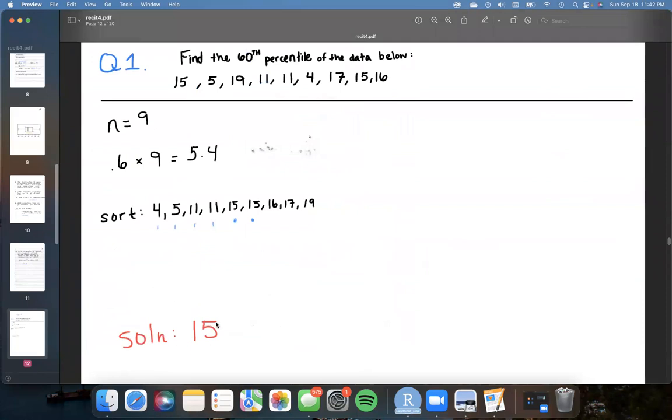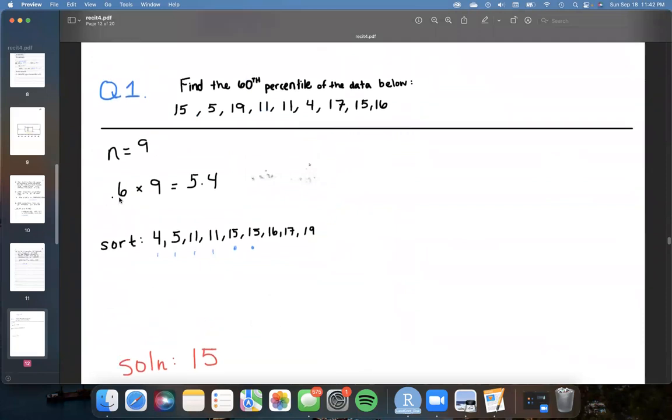Now, if I wanted to do it somewhat by hand, the way I would think through it is, I would count up the total that I have. So I have 9 different data points in my sample. And then once they're sorted, I want to know where 60% of 9 falls.